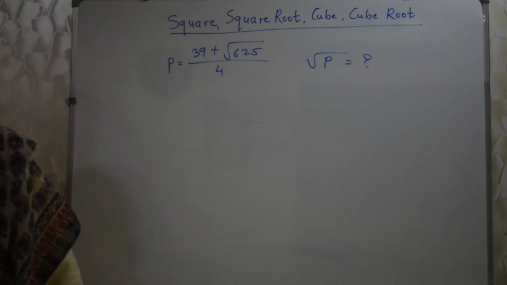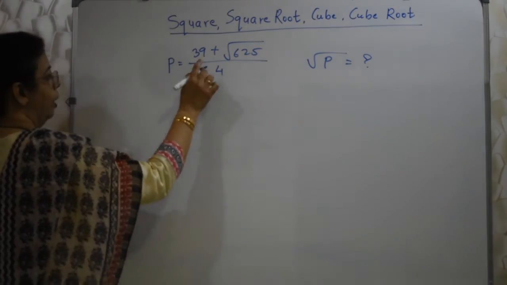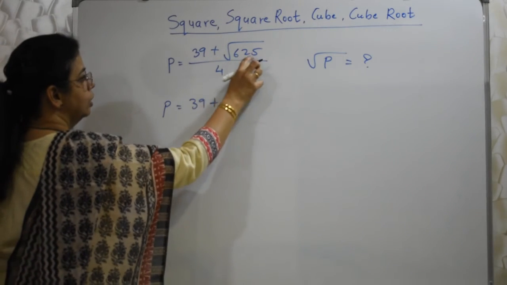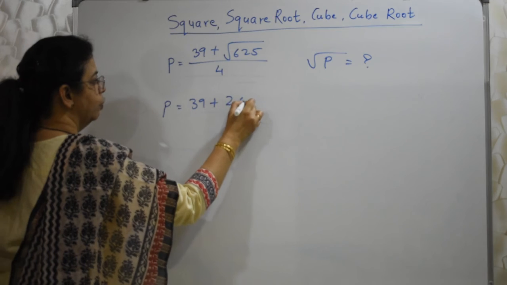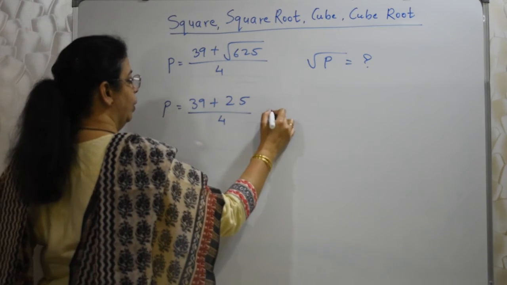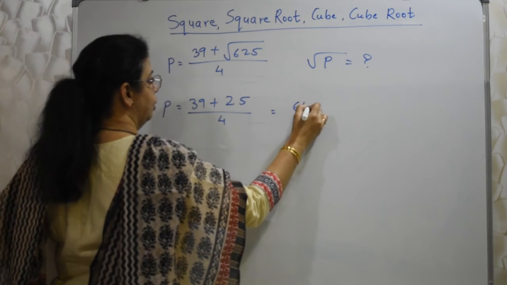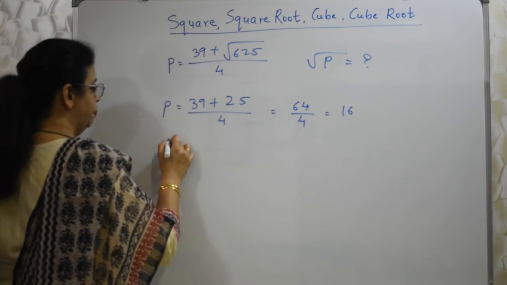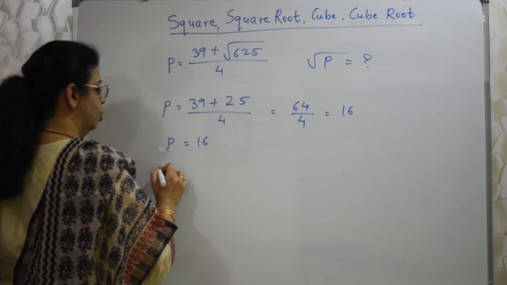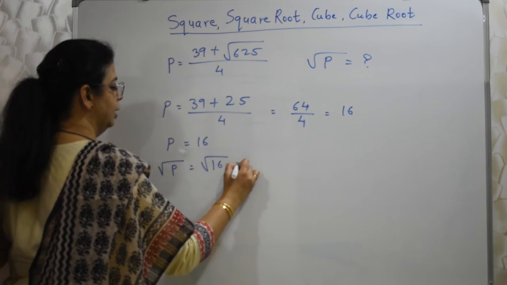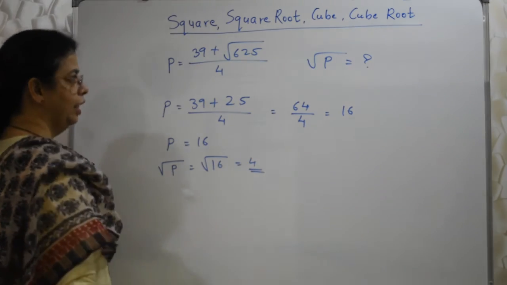Very interesting. स्क्वायर रूट पहले निकाल देना है. 39 स्क्वायर रूट 625 का स्क्वायर रूट वी नो इट इज 25 अपॉन 4. देन 39 प्लस 25 इज हाउ मच? 64 अपॉन 4, दैट इज 16. मीन्स P is equal to 16. So obviously square root of P is square root of 16, that is 4. Isn't it easy?